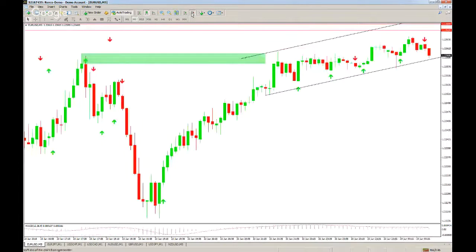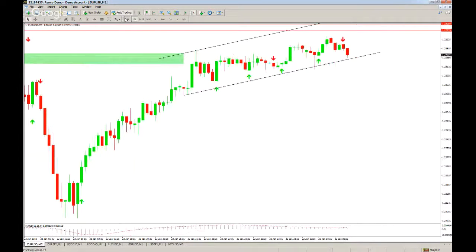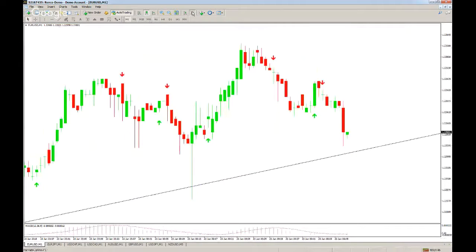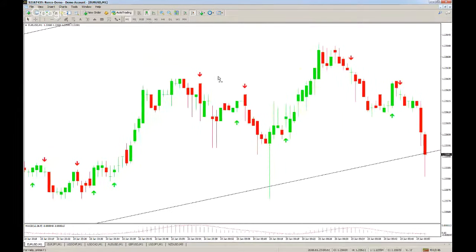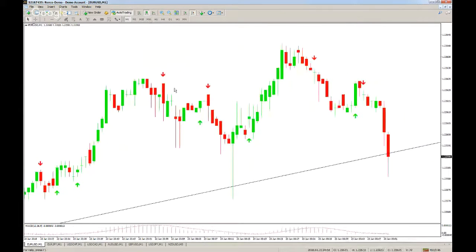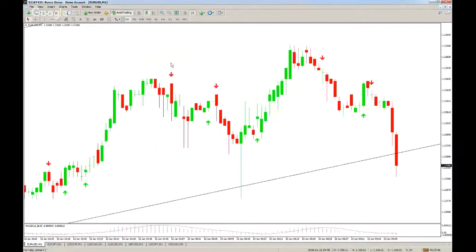Moving on to the 5, we've got a similar situation on the Euro USD as well. We are selling off aggressively on the 60. On the 60, what you could pay attention to is this pin bar reversal spike, which gave us this bullish run, and now we're seeing price action falling off.